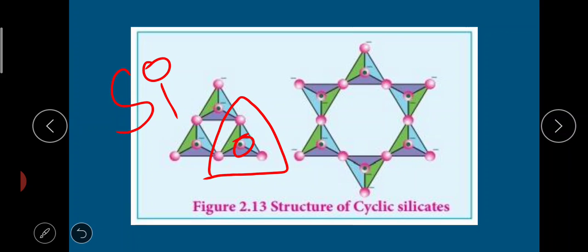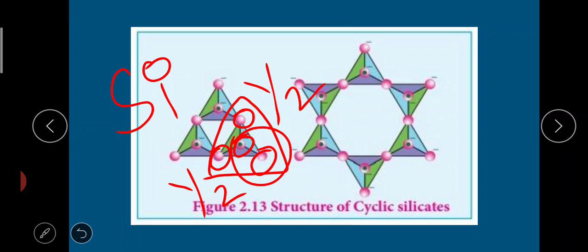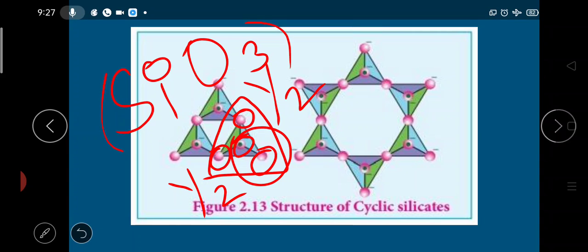This is 1 oxygen, this is another oxygen, 1 and 1, 2. This oxygen is shared, so I am taking it as half. Again this oxygen is shared, taking it as half. So half and half will be 1. Already we have 2, so 1 plus 2 will be 3, SiO3.